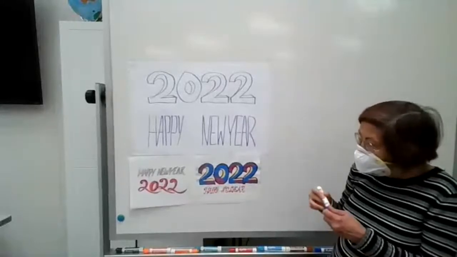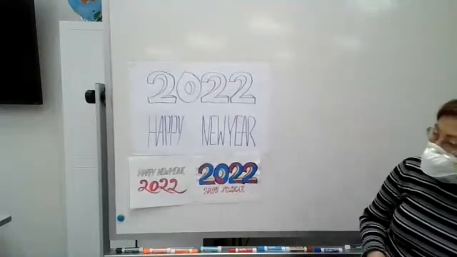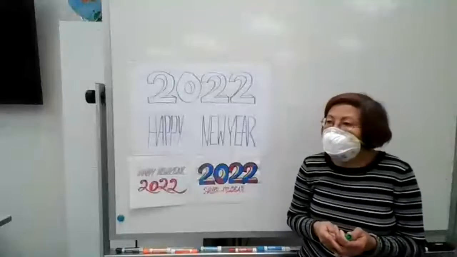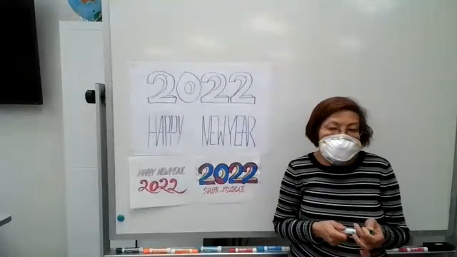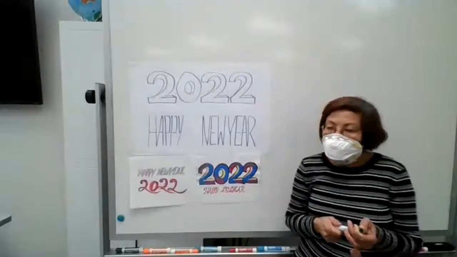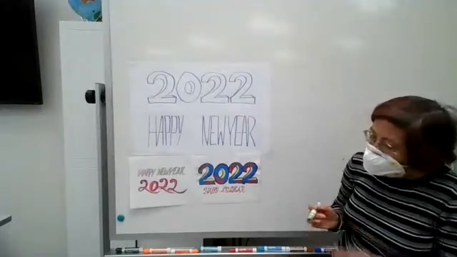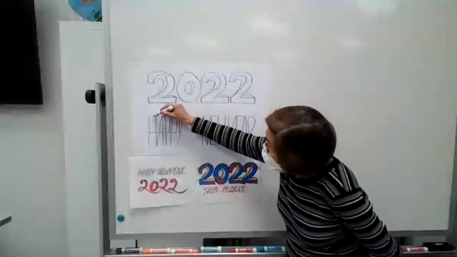Okay, so we just draw the line like that, and if you want, you can use a different color. Let's see, just use the green one. Green color. So if you choose another color, you just make a double line here.